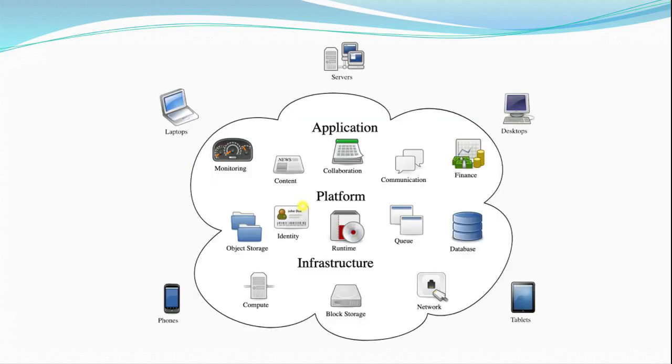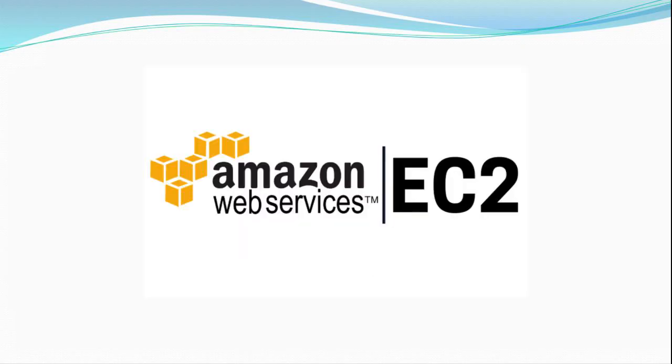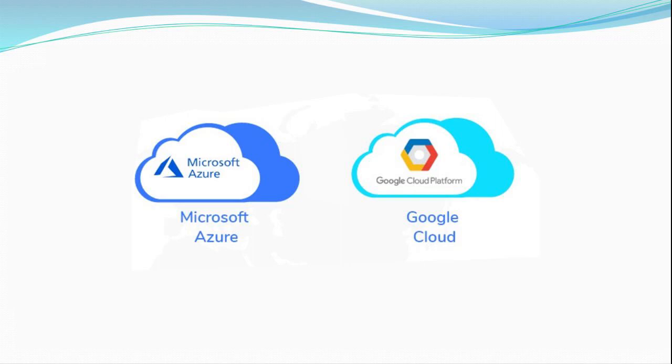You get full control over these resources, but you also have to manage things like the operating system, applications, and runtime environment. For example, Amazon Web Services, AWS, offers EC2 instances under IaaS. Microsoft Azure's virtual machines and Google Cloud's Compute Engine are other examples.